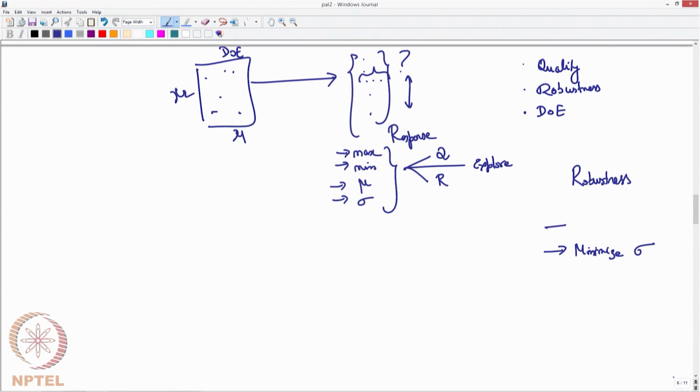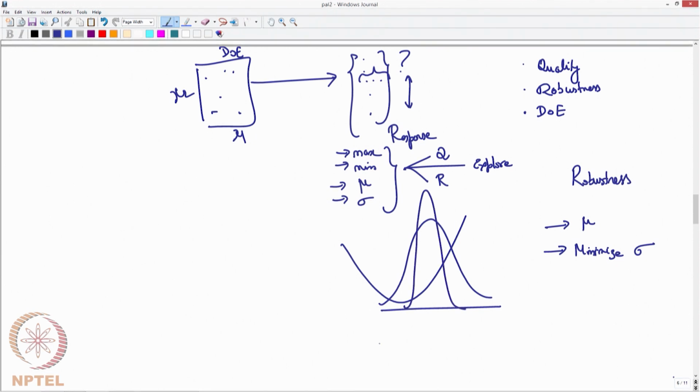I need to take care of my mean. It is not always maximize unless you make it a cost function. Okay. You need to deal with your mu. It is a two-stage process. That is something that you need to appreciate. You remember this graph that I drew for you? You make your process strict here, you are still losing out because your target is here.